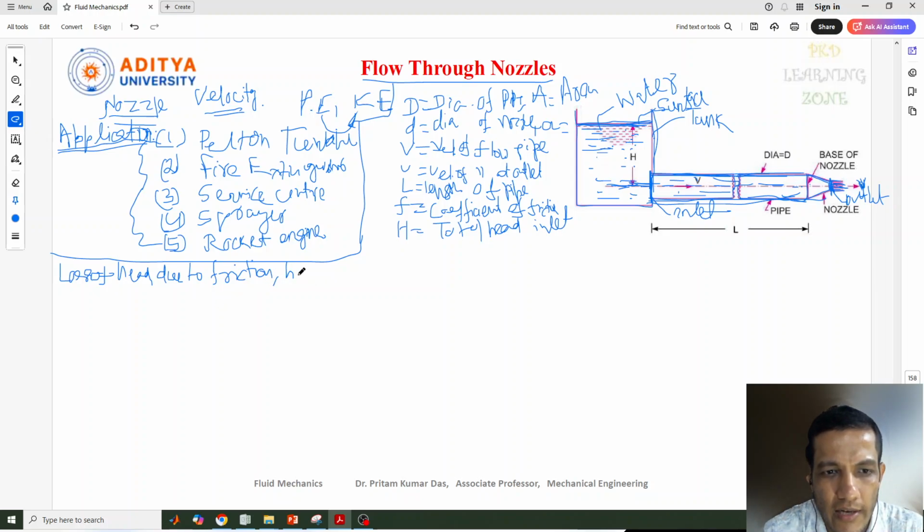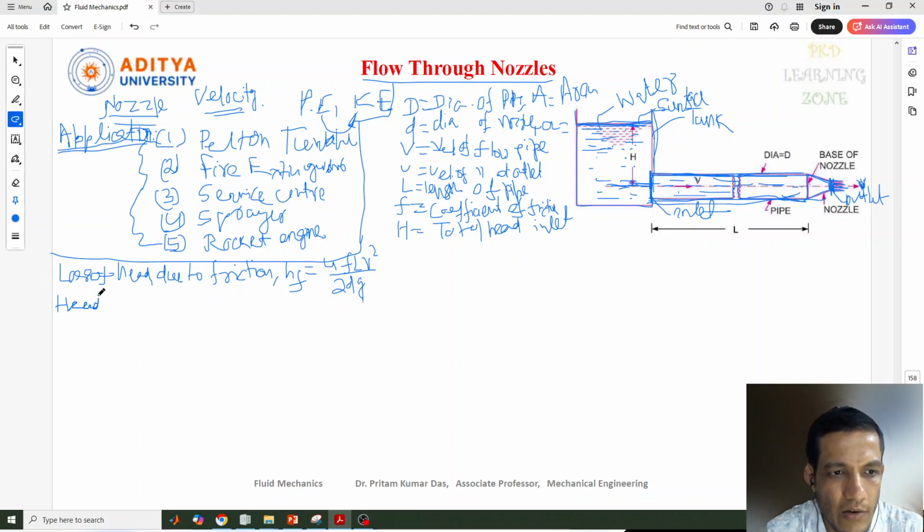That is nothing but hf equal to 4fLV squared by 2dg. This is the equation for major loss. Here f is the friction factor, L is the length of the pipe, V is the velocity, and D is the diameter of the pipe. So this is the normal equation for this. Now we can write what the head available at the end of the pipe is at this point.